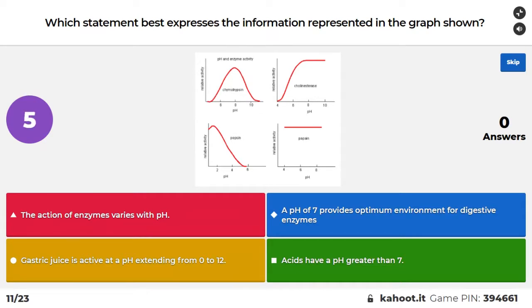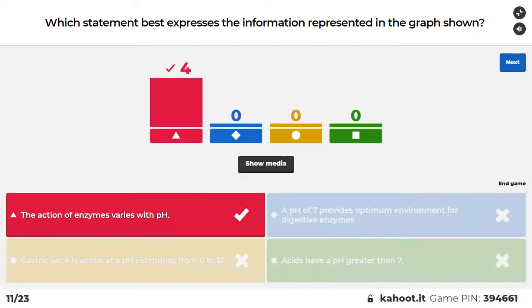It's kind of small. I'm sorry about that. Didn't realize it would be so small. Yeah, that's it. It just varies with pH. They showed you 4 graphs that were all about how different enzymes respond to pH. Yeah, that's right.